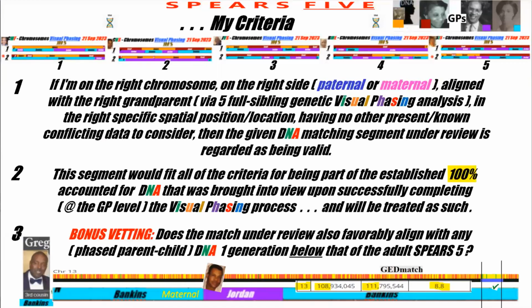The segment would fit all of the criteria for being part of the established 100% accounted for DNA that was brought into view upon successfully completing at the grandparent level the visual phasing process to begin with.